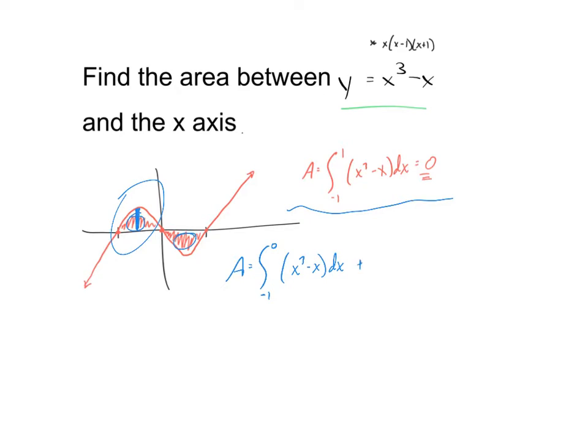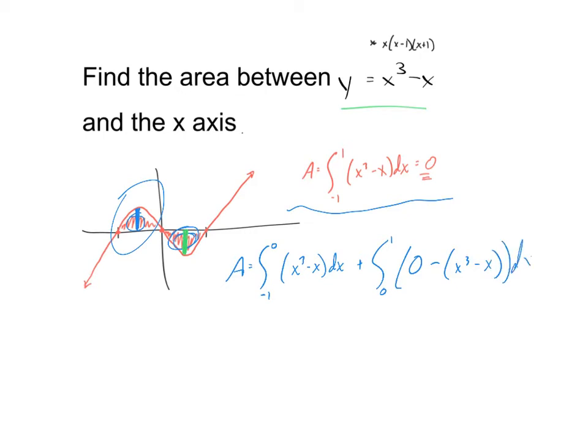All right, and then we're going to add to that another integral representing this region over here, only the difference is the top of the region is not the curve. The top of the region is the x-axis. So what we do differently there is we say our bounds are from 0 up to 1, but the top of the region is y equals 0, and the bottom of the region is the curve x cubed minus x.